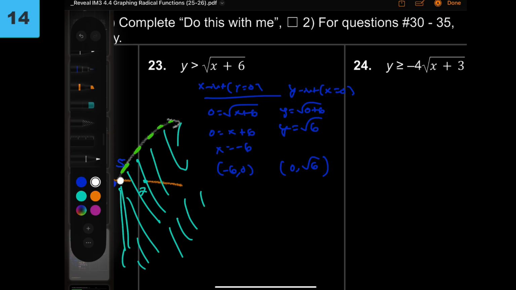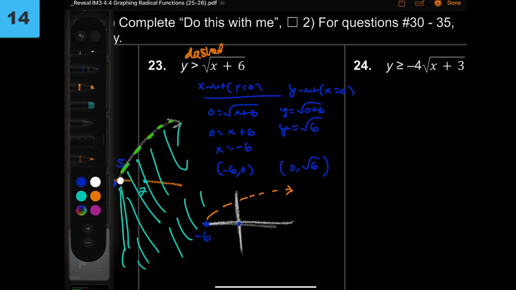So make a quick sketch. -6. Again, this one's going to be dashed, because there's no equal sign. And then let's just pick a point to shade.